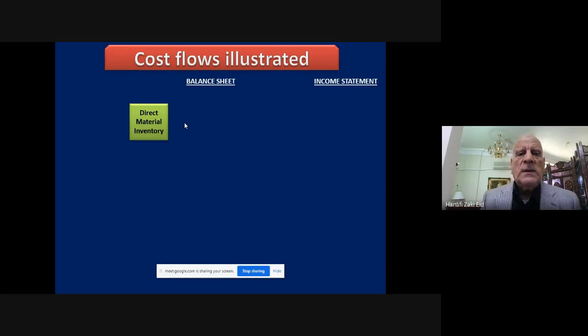As I illustrated in my previous sessions, number 1 and number 2, manufacturing costs are classified into 2 main groups: direct costs and indirect costs. And inside the direct costs, we classify them into direct materials and direct labor.